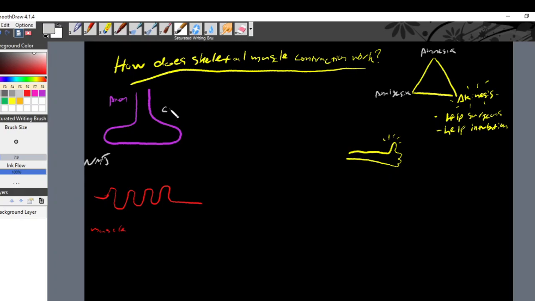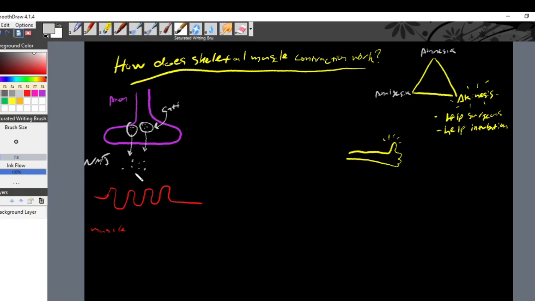Essentially, calcium enters the axon, and that causes these vesicles that are carrying a very specific, very important type of neurotransmitter to release their contents into the neuromuscular junction.